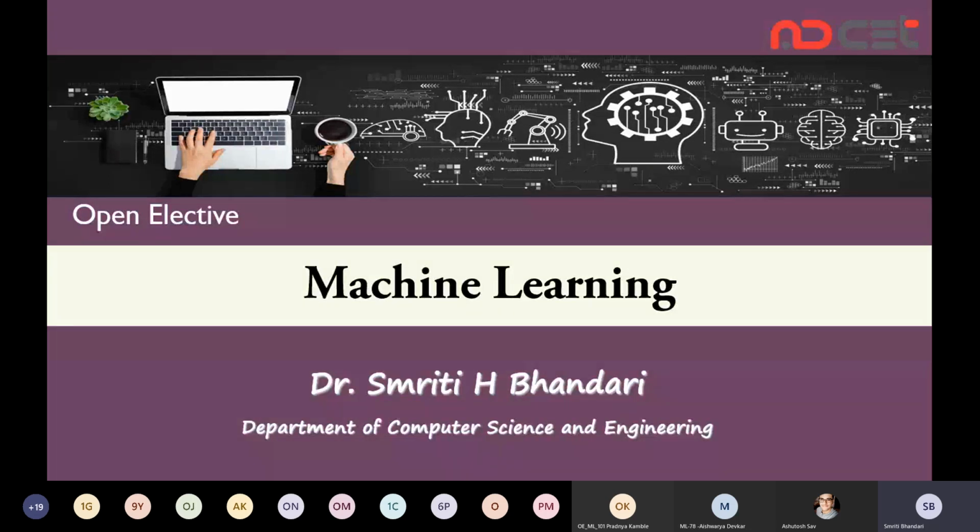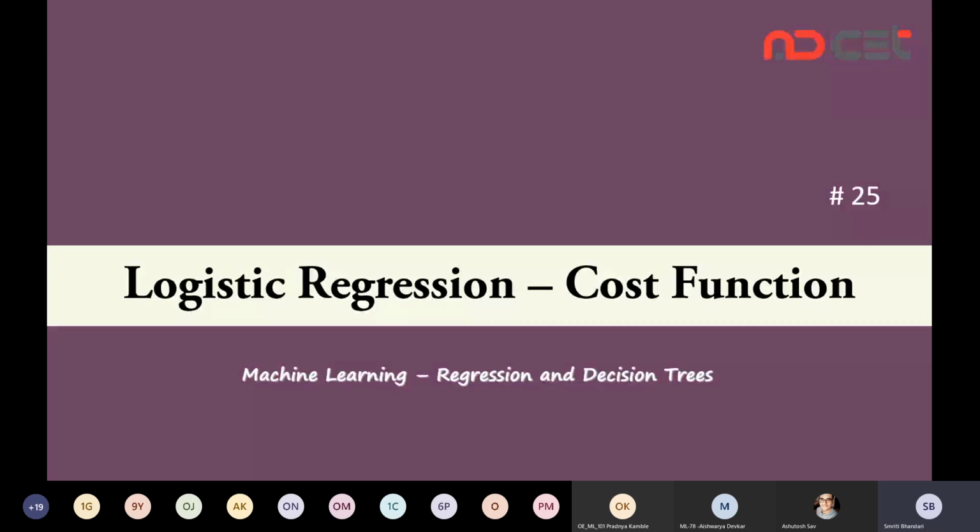In the last session, we started discussing the cost function for logistic regression. Let me recall what logistic regression is and why it is being used.